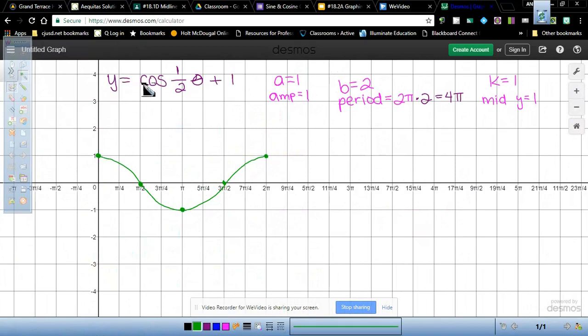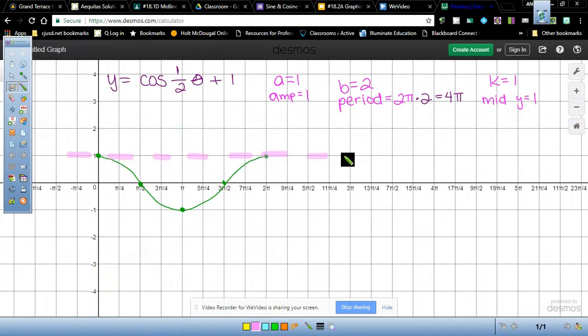Now let's see what this new graph we have is going to be. The first thing is my midline is now through 1. So I'm going to draw that in. My period's going to go all the way over to 4 pi. So I'm going to have to finish my graph by the time I reach 4 pi over here.